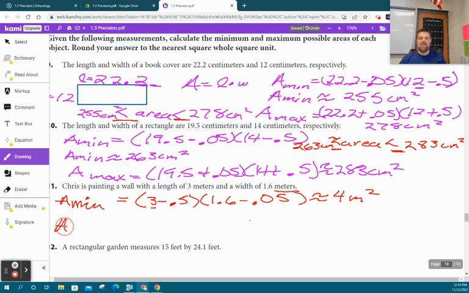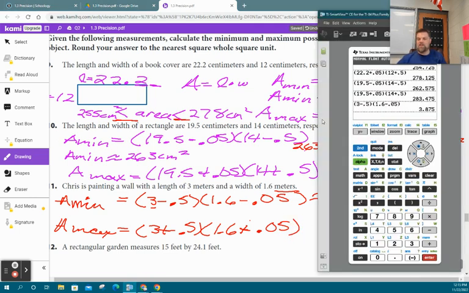Now, for the area max, I'm going to do the exact same thing, but instead of subtracting, I'm going to add. That's supposed to be a plus sign. Plus 0.5 times 1.6, I'm sorry, plus, so hard to write with this, 0.05.